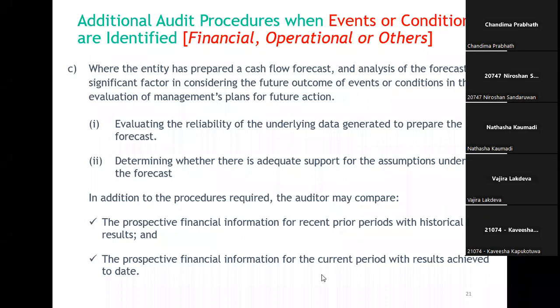Now, going concern doesn't mean you have to be profitable. It is whether you can continue your operation without curtailment of your operations. It is whether you can sustain the business. It is not about making profit.